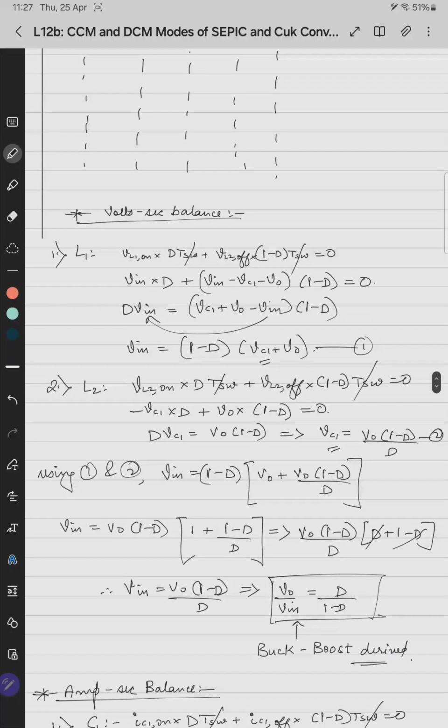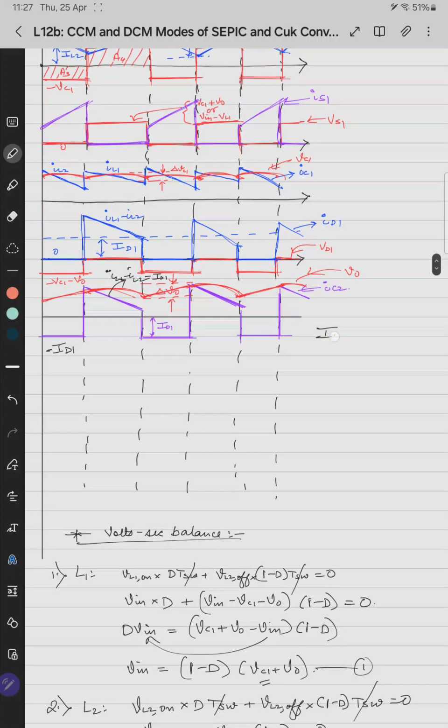Now what is ID1? ID1 is the load current. ID1 is I load.